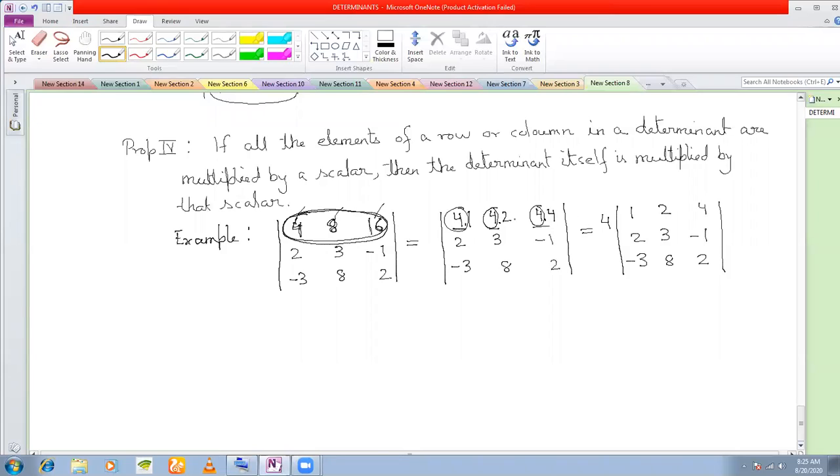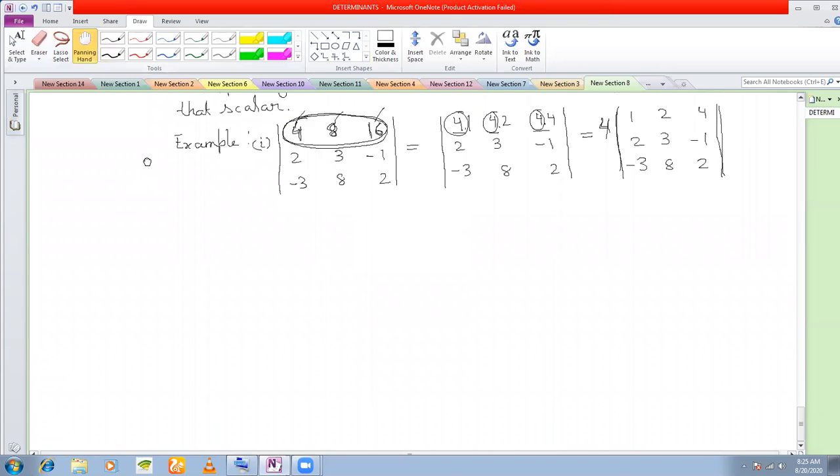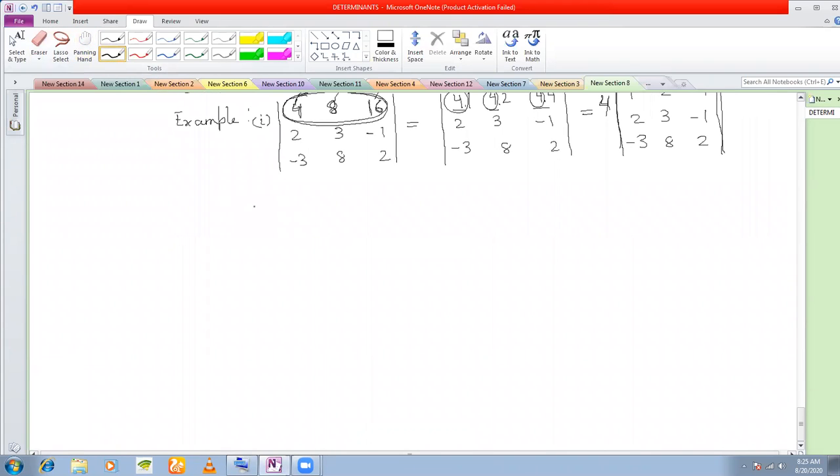That means this 4 can be taken out of the first row and multiplied by the entire determinant. Understood? Clear? Let me give you another example. I'll be doing some more that will make it further clear, but try to understand as much as possible right now.